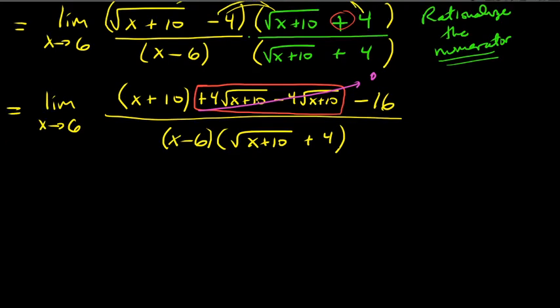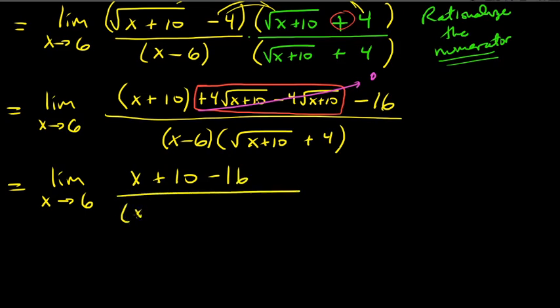So look at what happens to the numerator now. Oops, sorry. That's supposed to be a 6. X is approaching 6. So the numerator is just x plus 10 minus 16. And the denominator, again, do not multiply this out. We're going to leave it alone.